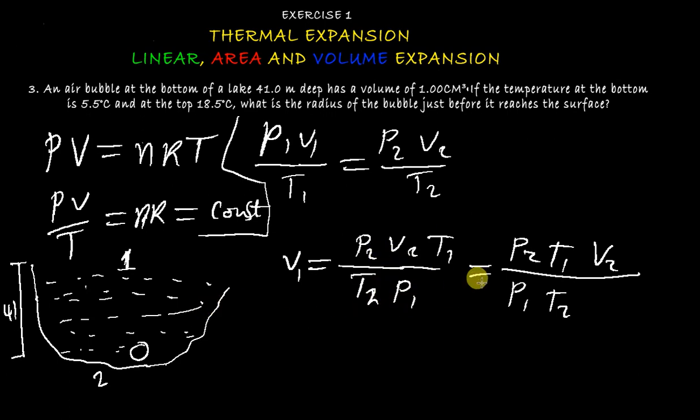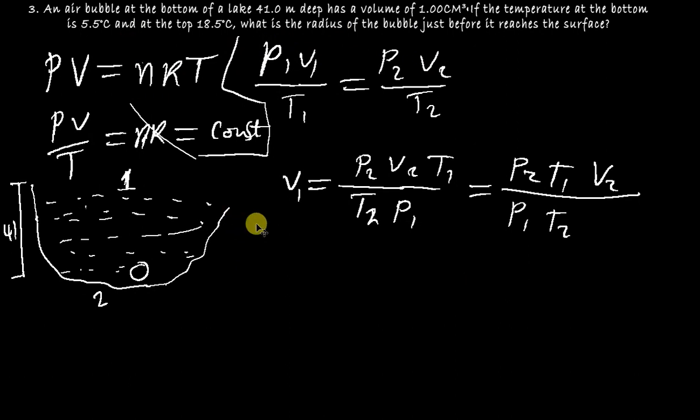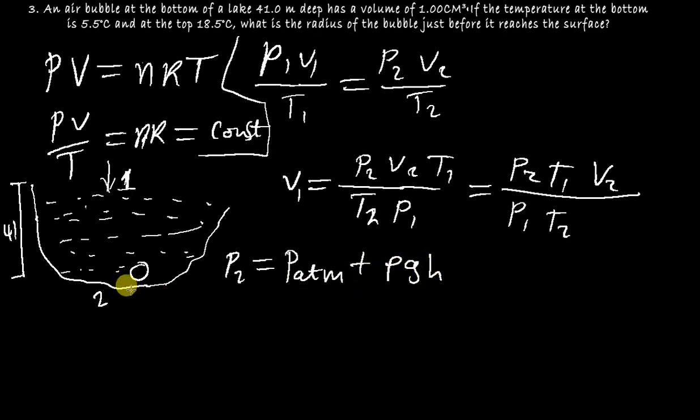The pressure at point 2 is given by the atmospheric pressure, since there is a pressure from the atmosphere there, which is P atm, plus rho g h.